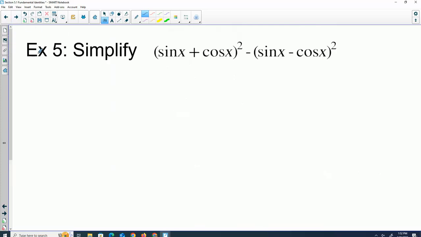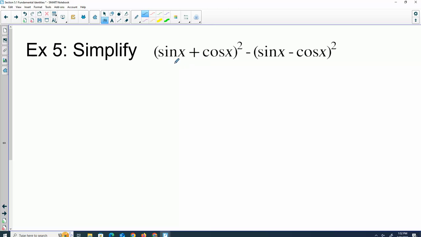Final problem for today. This looks really ugly.